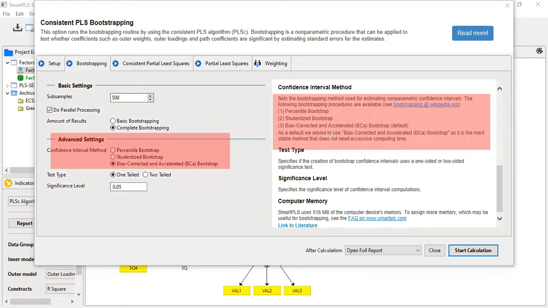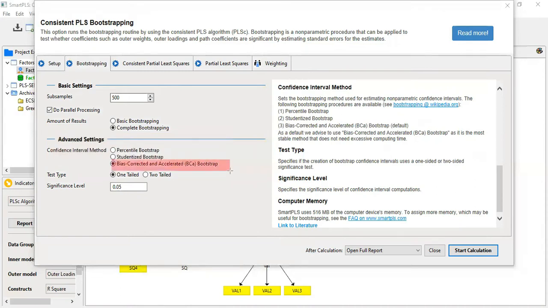As a default, we advise, that means the software developers are advising you to choose the bias-corrected and accelerated BCA bootstrap, as it is the most stable method and it does not need excessive computation time. Now, two benefits are there: it's a stable method, and apart from this, it also does not require additional time.